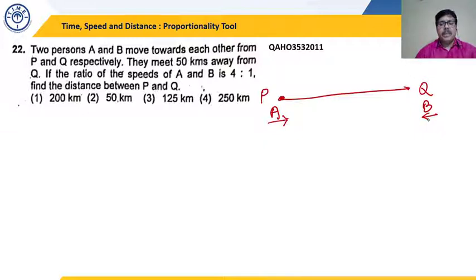At what point will they meet? They will certainly meet somewhere between P and Q. Let's say C is the meeting point.